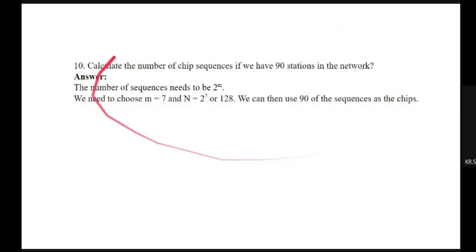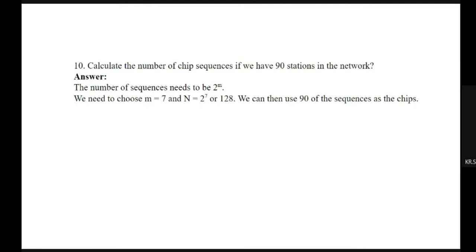Okay. The next problem is to calculate the number of chip sequences if we have 90 stations in the network. The number of sequences needs to be 2 power m, always a 2 power m value. So we choose m equal to 7, and n equals 2 power 7, which is 128.